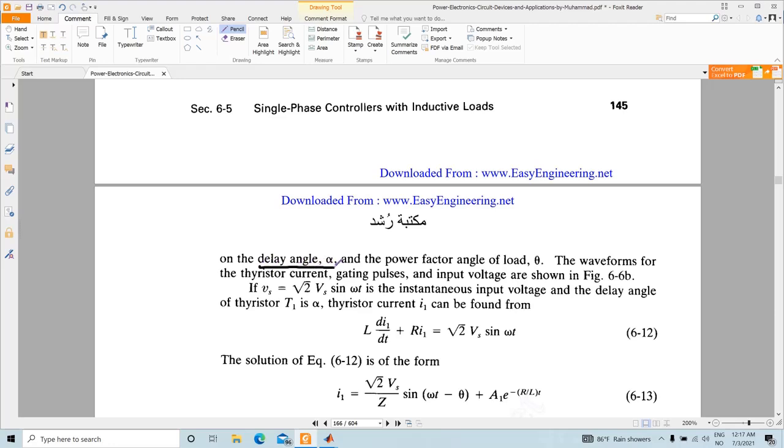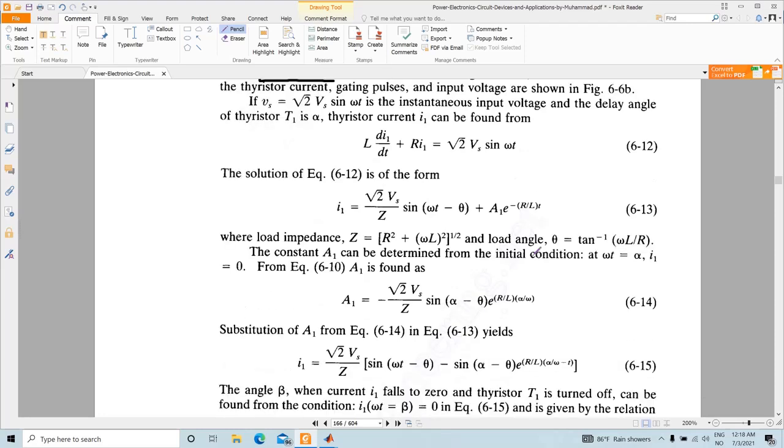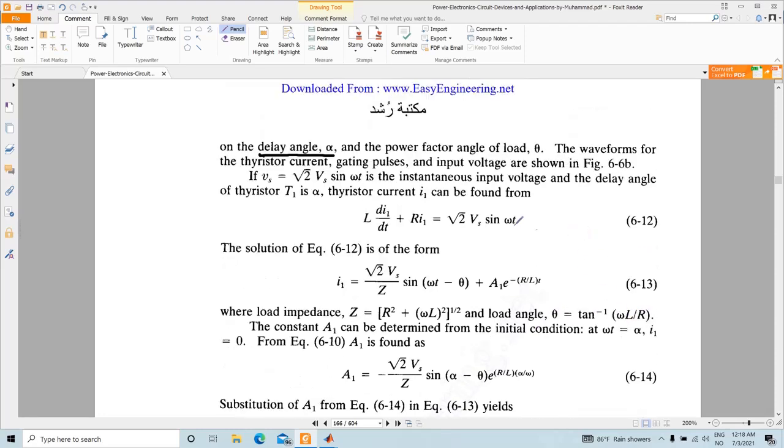So it depends on the firing angle of the thyristor alpha and the power factor angle of the load theta. So theta is basically the ratio of the inductive impedance and the resistive load. So theta is tan inverse of omega L divided by R.